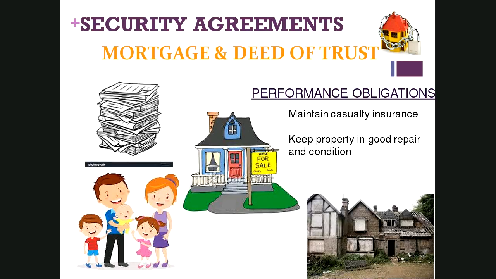If you borrow $300,000 and then you let the property fall apart and it's only worth $200,000, well, then the bank isn't as secure as it was when the property was worth $300,000. So the bank wants to make sure that you keep the property in good repair. That way, the property value stays high, or at least high relative to what you borrowed.